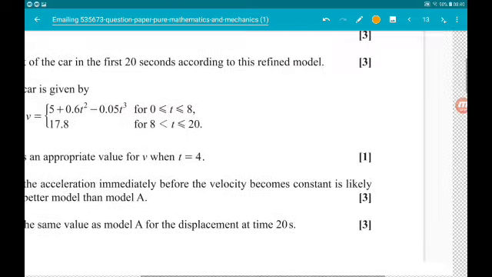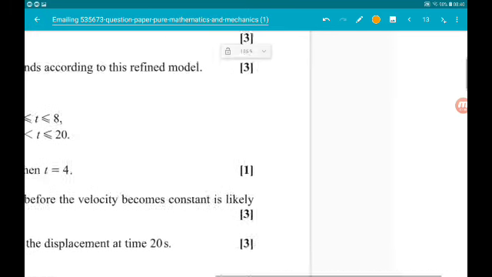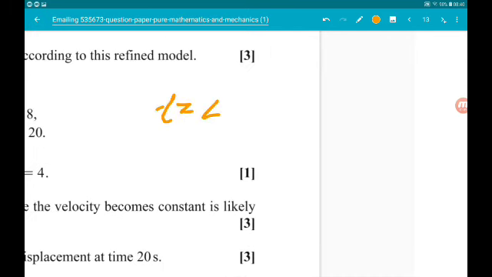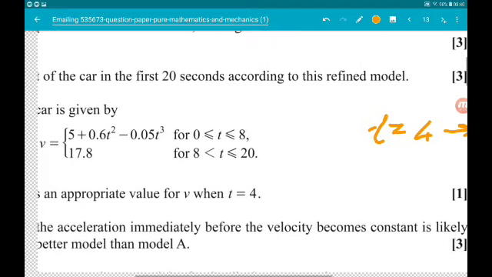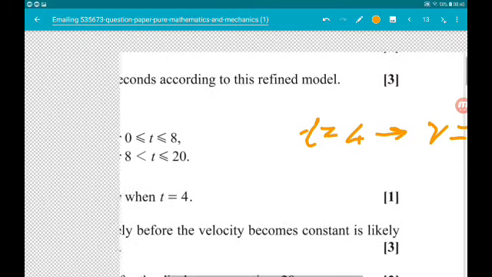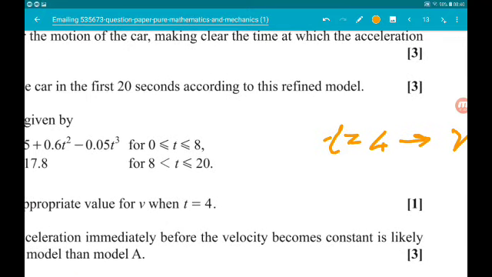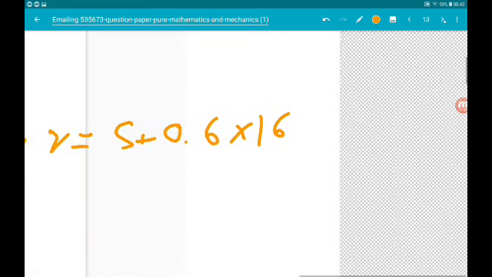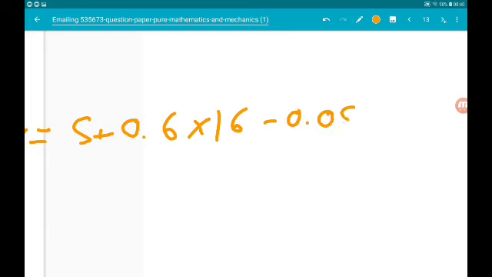So, let's do that over here. t is 4 gives us that V is 5 add 0.6 t squared, which is 4 squared, so 0.6 times 16, minus 0.05 times 4 cubed. So 64.